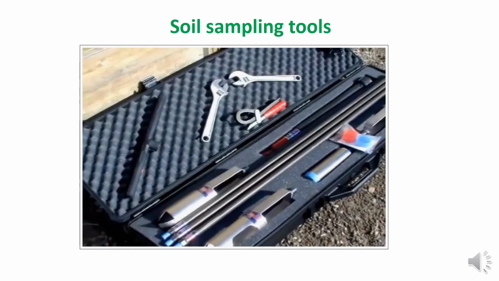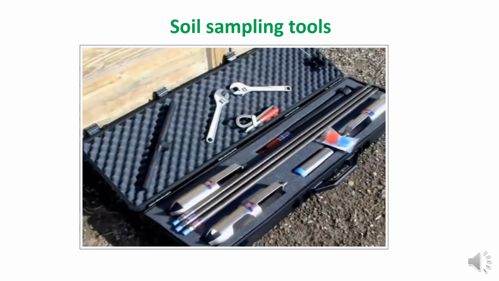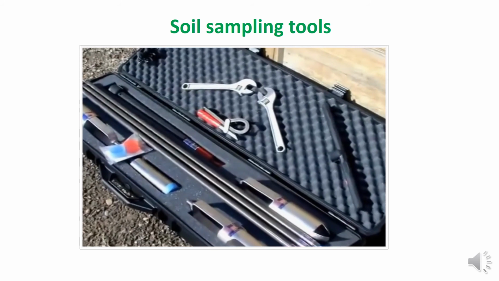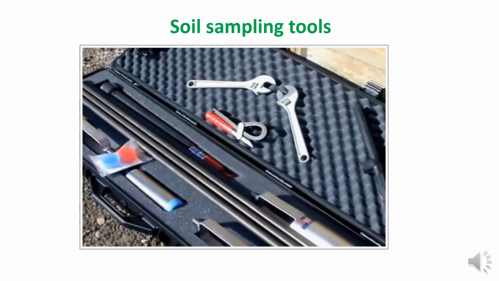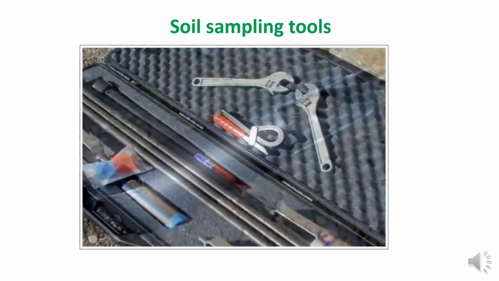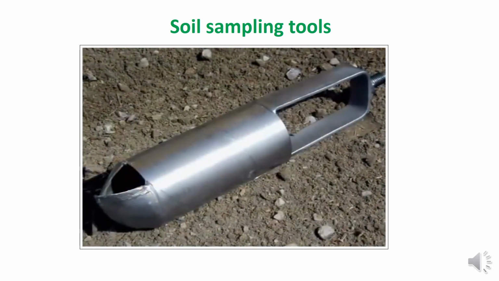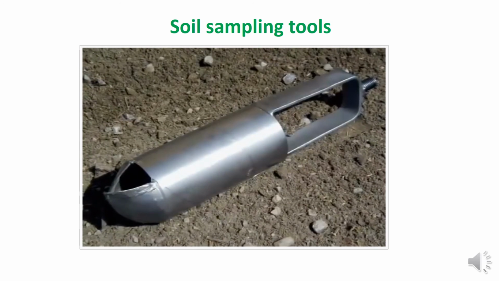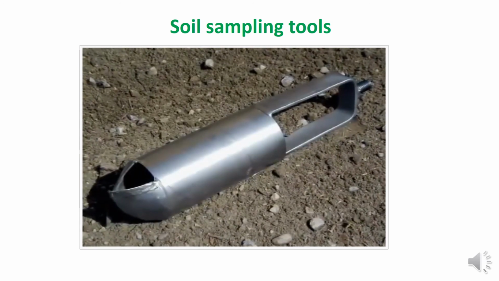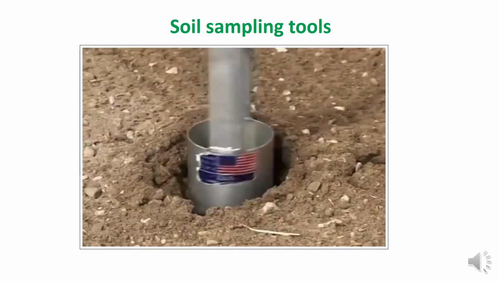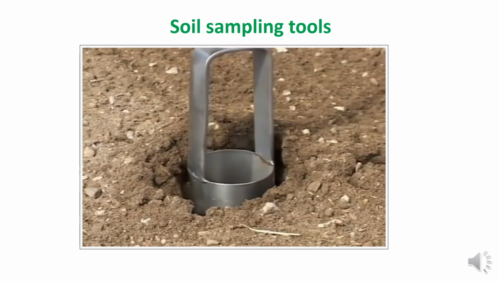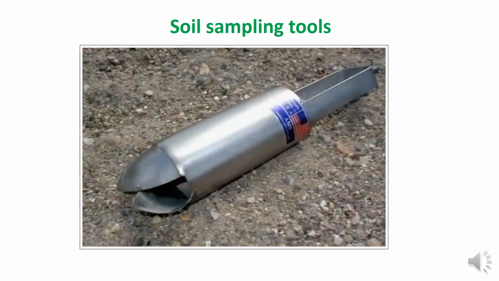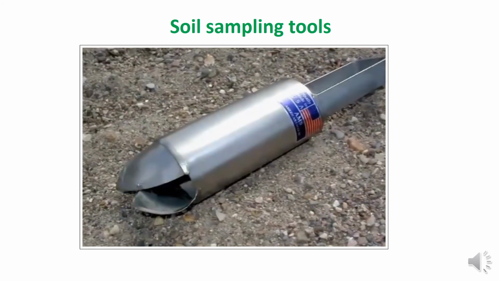There are different other tools available in this kit. There are different types of augers available. If the soils are a bit hard, this one can be inserted deep into the soil.